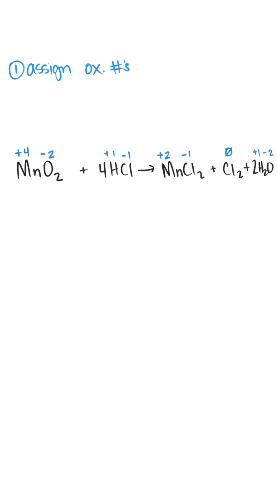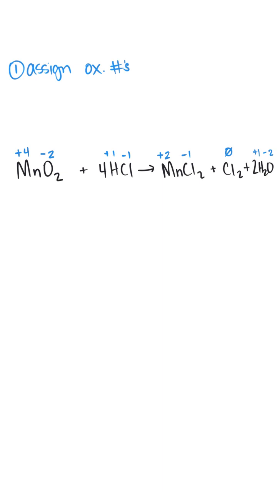All right, so this is where students tend to get confused because they're like, Ms. Crumpacker, it was +4 on one side, why is it +2? That's because it is either oxidized or reduced. That's the whole point of this unit, is we are seeing that our charges are changing from my reactants to my products.